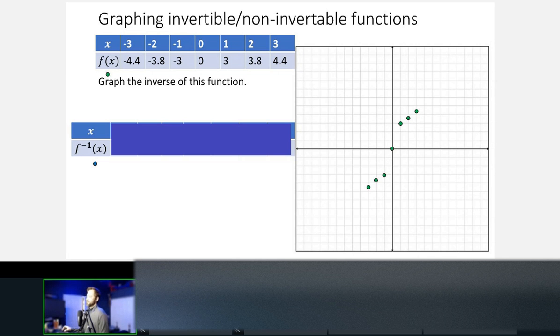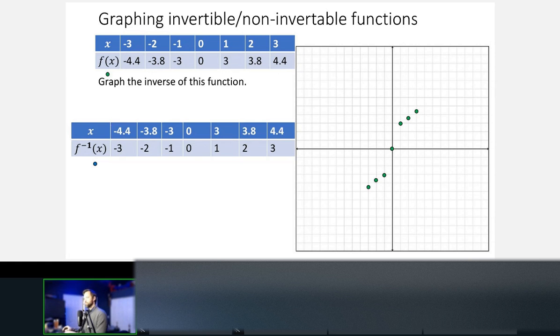All right, now how do we graph the inverse of these points? What do we do? We just switch, or we flip x and y coordinates. So x becomes y, y becomes x. You all remember how to do this, well, the ones that responded at least. Hopefully everyone does.